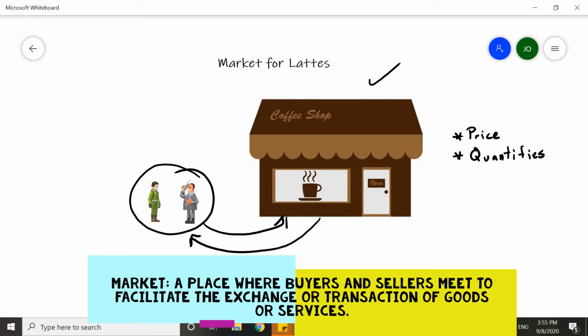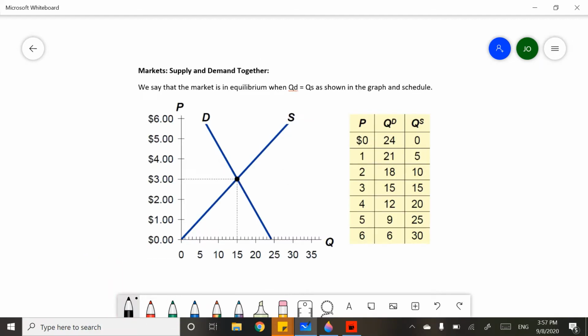So let's dive into this example where we're analyzing the market for lattes, which is another way of saying a market for coffee. As we mentioned before, a market has consumers and firms, and their interactions are going to lead to having a price and a quantity.